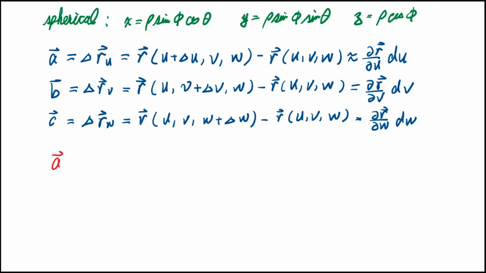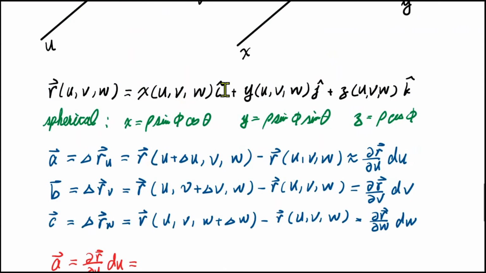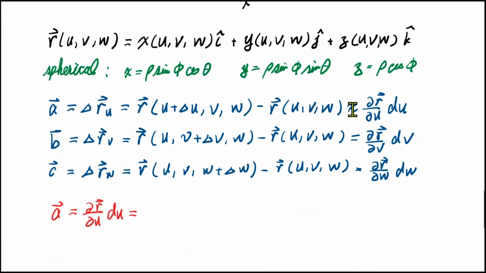So a vector, taking a partial, it was this, right? U, and then du. So the r vector looked like this. So we are just taking a partial derivative of x, y, and z with respect to u now, isn't it? I'm going to leave it up there so you can see.